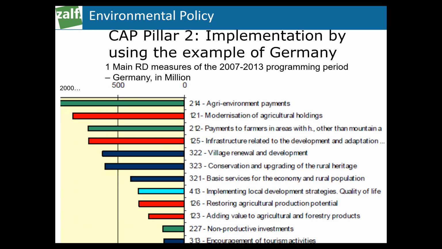Payments to farmers in areas with other than mountains, infrastructure, village renewal, conservation and upgrading of rural heritage, implementing local development strategies, and so on. And you saw in these agri-environmental payments, do you remember our case of the buffer zone program, how to protect open water bodies from pesticides leaching?